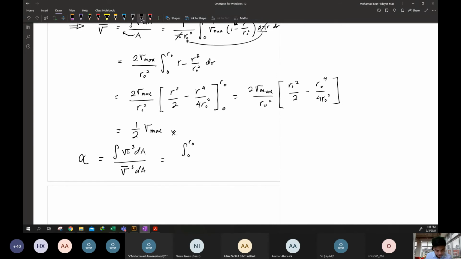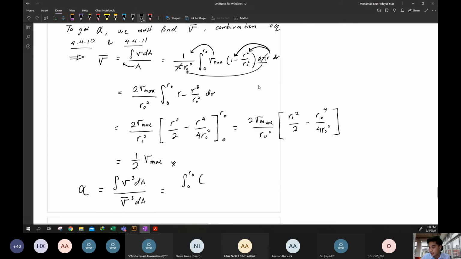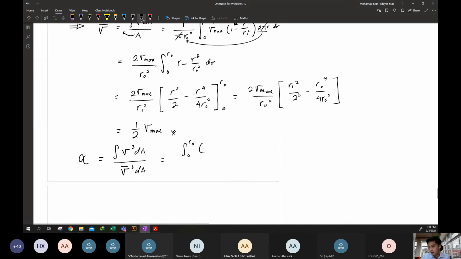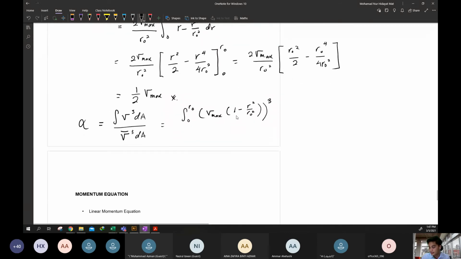So v is Vmax times bracket 1 minus r squared over R naught squared, and this is cubed, multiplied with area dA. dA is given by 2π r dr. Just substitute here 2π r dr.